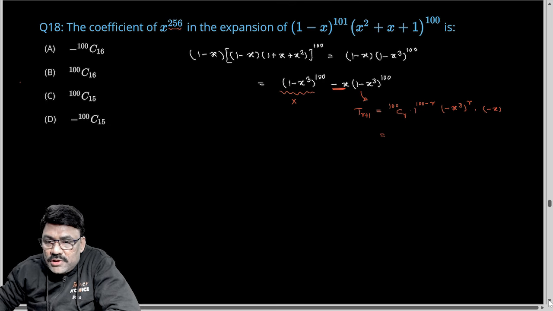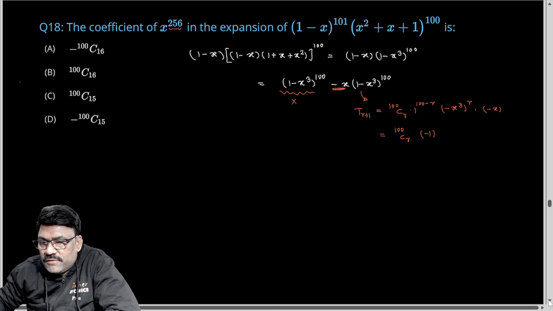So ultimately you are getting 100 Cr, minus 1 raised to r, and one more minus 1, so minus 1 raised to r plus 1, and x raised to 3r plus 1.